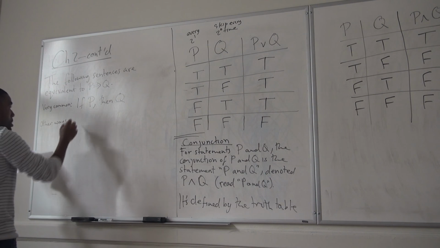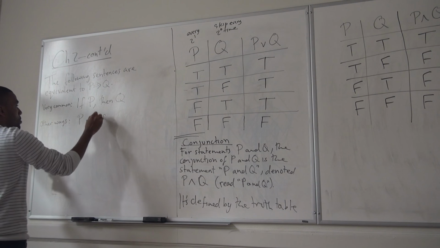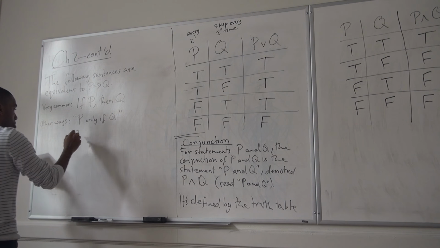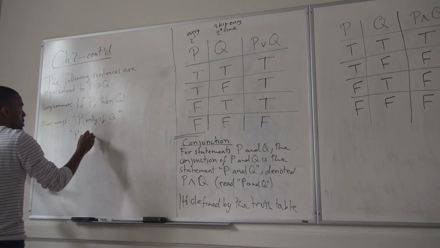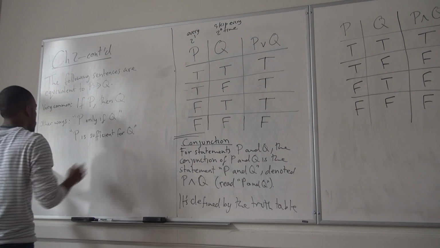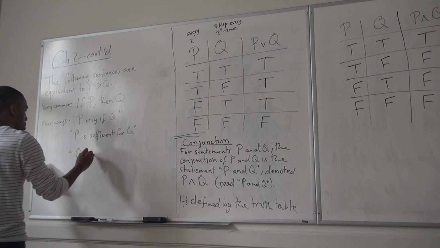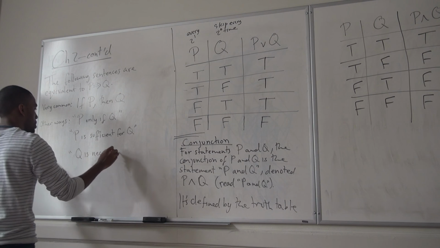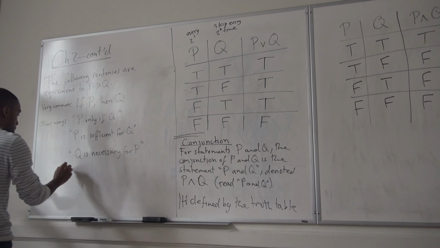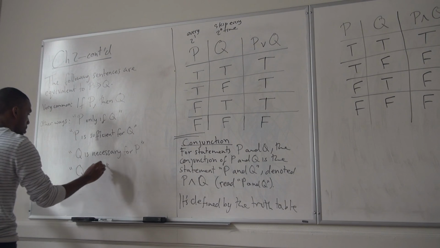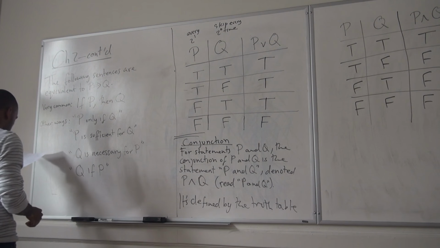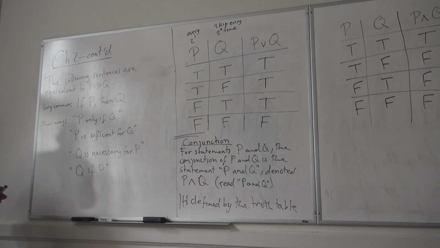For example, we can say P only if Q. You can say P is sufficient for Q. You can say Q is necessary for P. You can say Q if P. That's all the ways I have written.